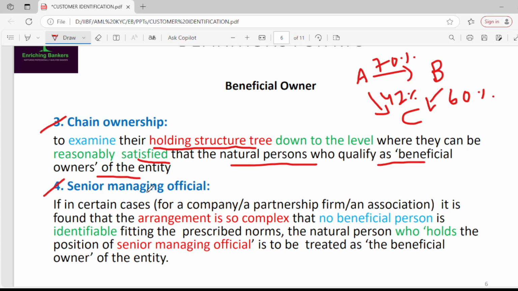Next norm is senior managing official. If the chain ownership arrangement is so complex, so we have seen chain ownership, if this chain ownership arrangement is so complex and no beneficial person is identified according to the prescribed norms, then the natural person who holds the position of senior managing official is to be treated as the beneficial owner of that entity.